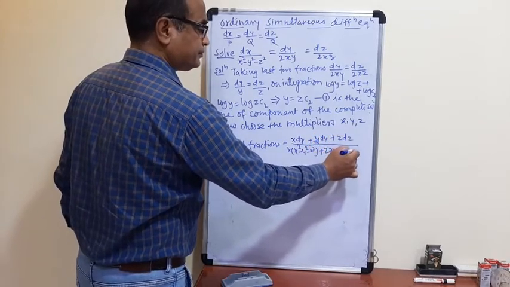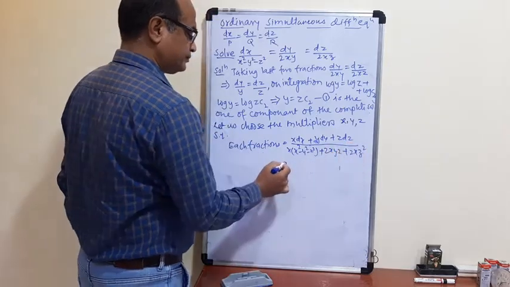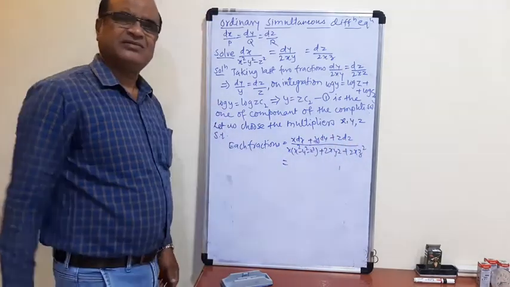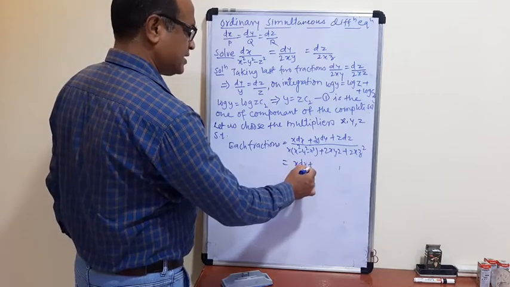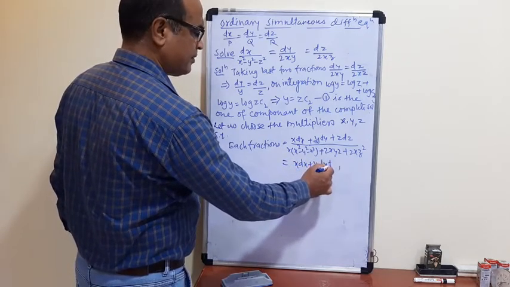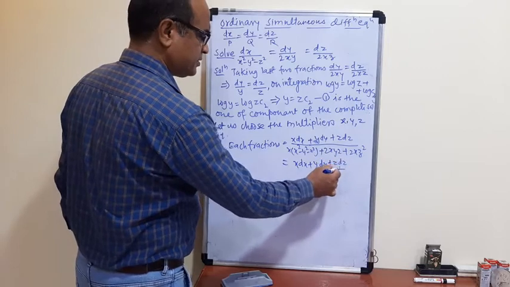But this is not a 0. So this is equal to x dx plus y dy plus z dz after simplification.